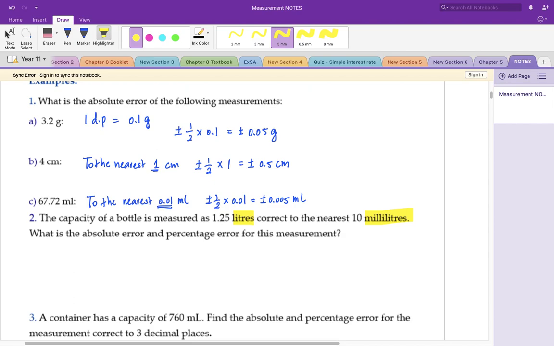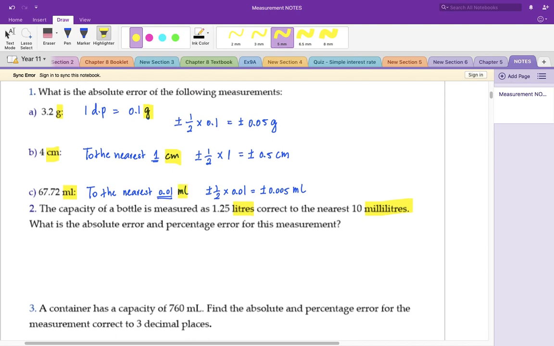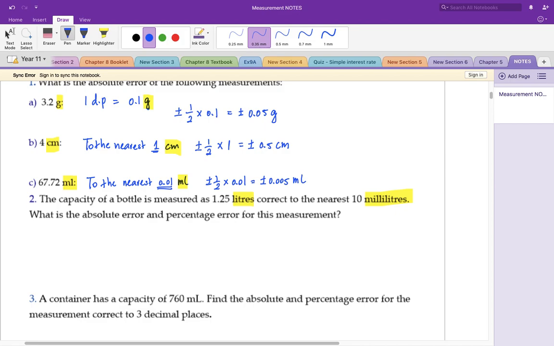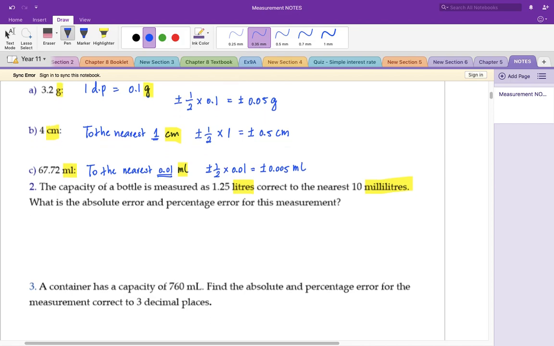Everything we've done before, it's grams and to the nearest 0.1 gram, centimeters to the nearest 1 centimeter, this many mils to the nearest mil. So all these units have to match. How do you match them now? You always match whatever to the actual measurement.